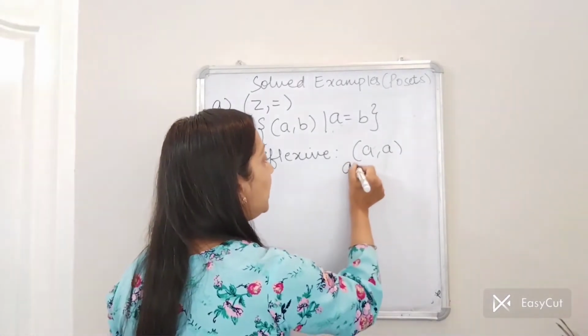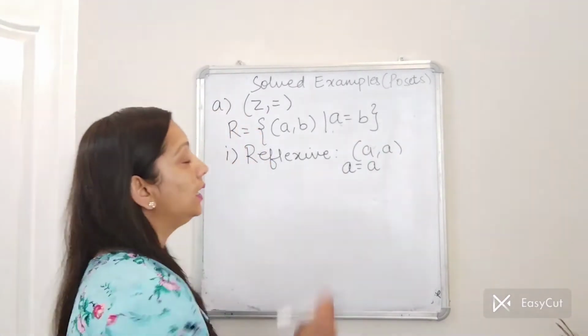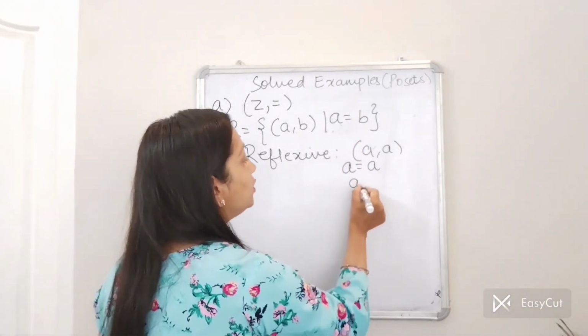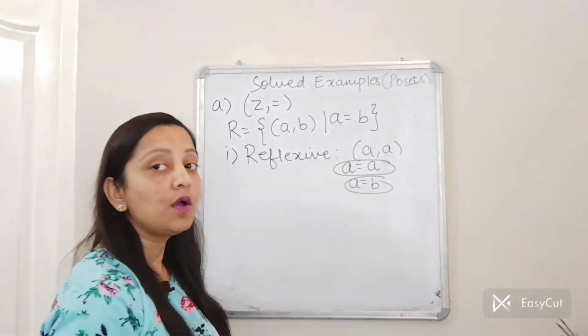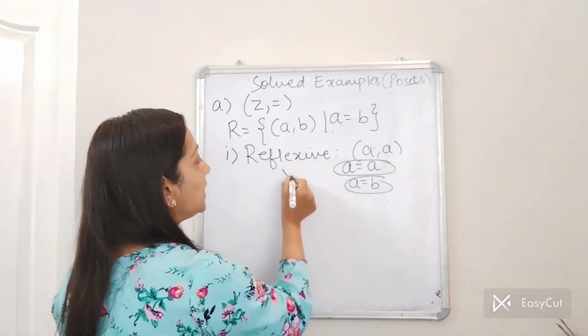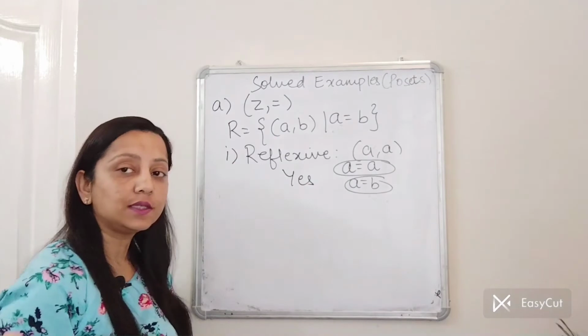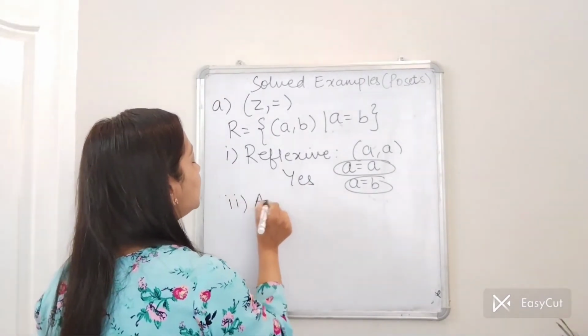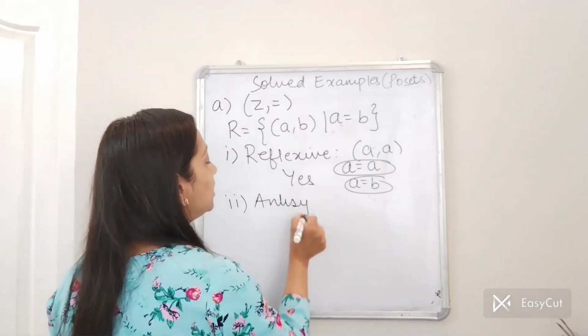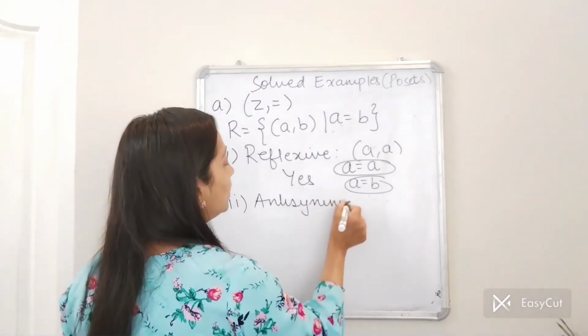A is equal to A, and here A equals B, so I am meeting the criterion to be reflexive. So yes, it is reflexive. Then I will see if it is anti-symmetric or not.